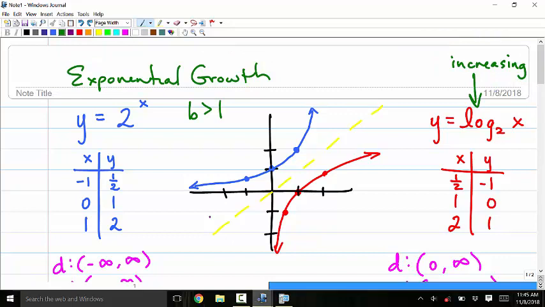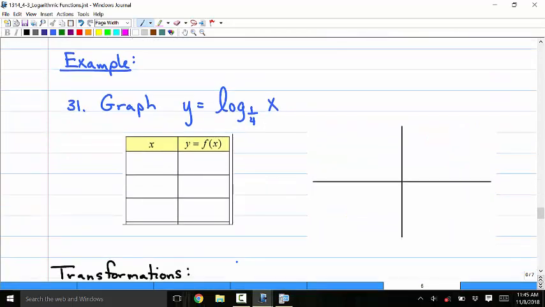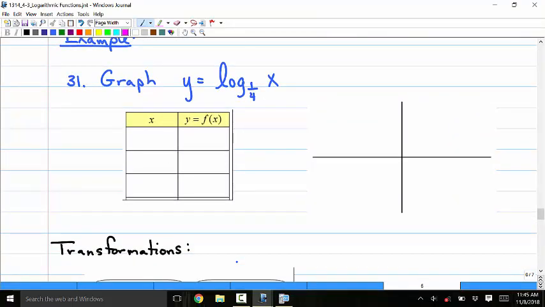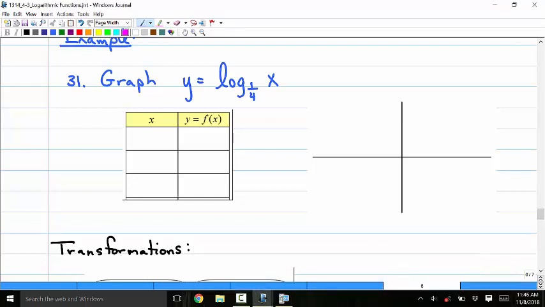All right, let's graph y equals log base 1/4 of x. Okay, your three favorite y values, -1, 0, and 1. If y is equal to -1, the x value is 1 over the base, so it's just 4.